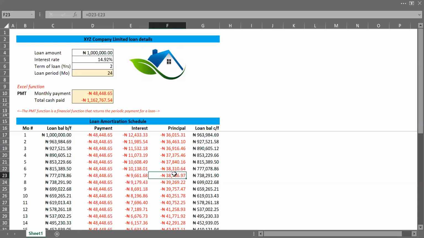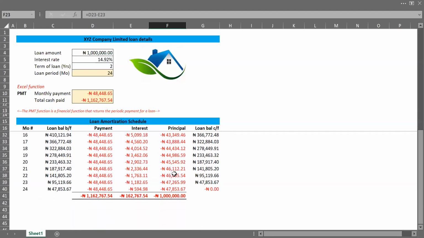So we'll scroll down to check that our loan sums up to 0 as at the end of the 24th month. So I have a loan balance of 0, which means that the loan has been fully repaid. Note that the total repayment for the loan is 1.162 million, out of which 162,000 represents the interest to be paid by XYZ Company Limited and the initial principal of 1 million naira.